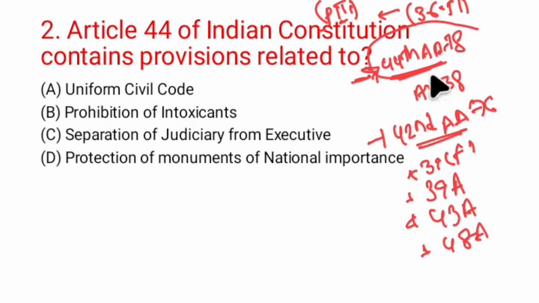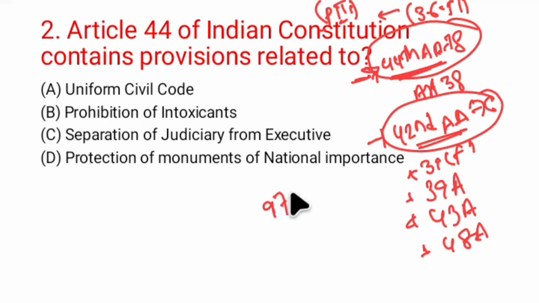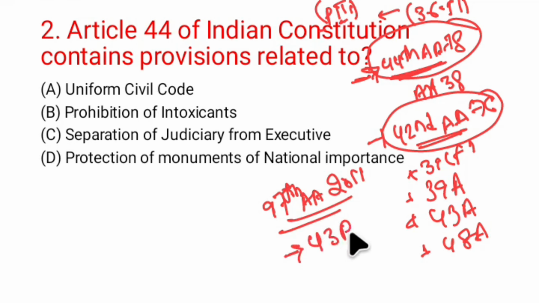Remember, 44th Amendment, 42nd Amendment, and we also saw the 97th Constitutional Amendment Act, 2011, which introduced an article in the DPSP, which is 43B, which talks about cooperative societies.